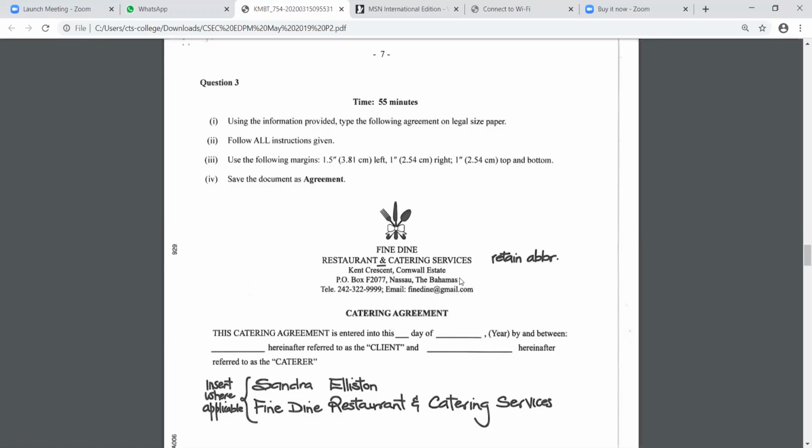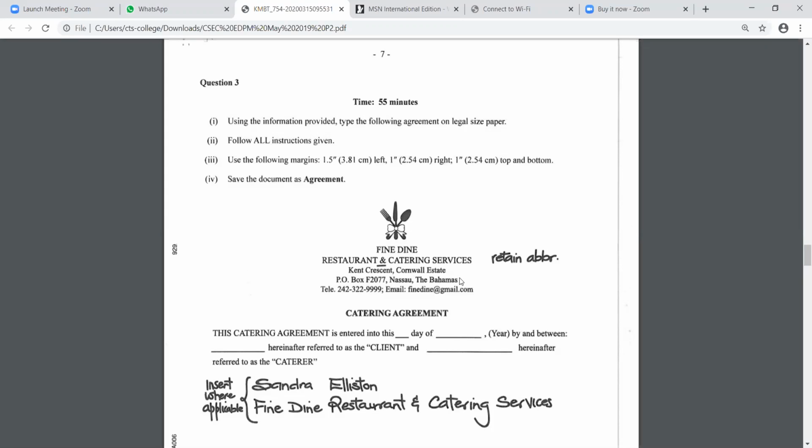Very good. So the first two lines, you type in capital letters, but all the lines have to be centered. How about catering agreement? The examiner did not tell you anything, but what formatting do you have to put there? Caps and center. 1 caps lock, 2 center, and 3 what? Bold. Very good. So there's 3 formatting there: caps lock, center, and bold.